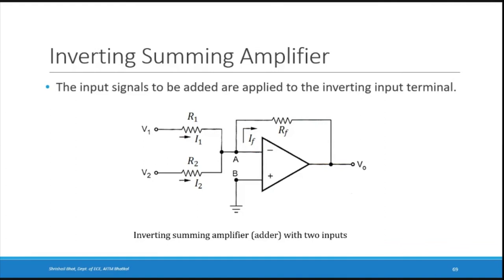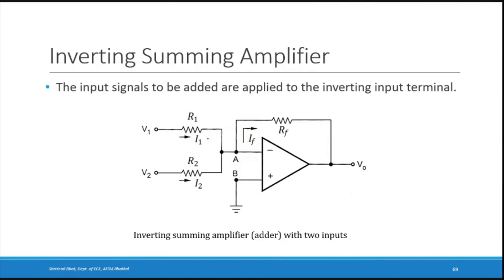I1 is the voltage across R1 divided by resistance R1, right? What is the voltage across R1? At this end, the voltage is V1, and at this end, the voltage is VA. So the difference between them is V1 minus VA, divided by R1.